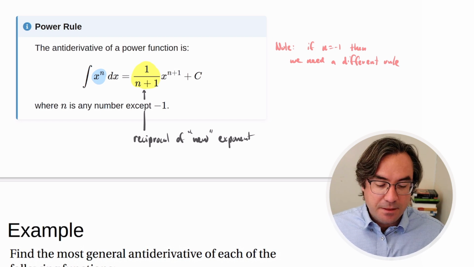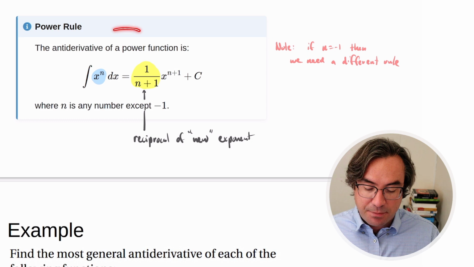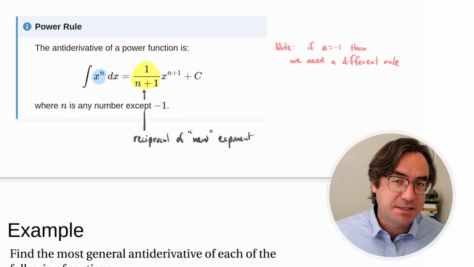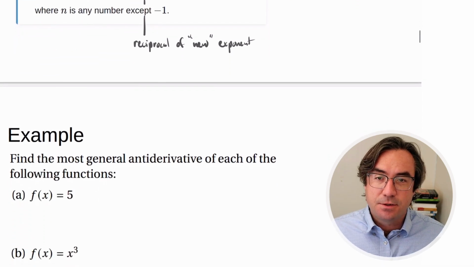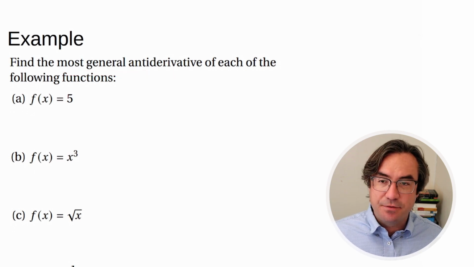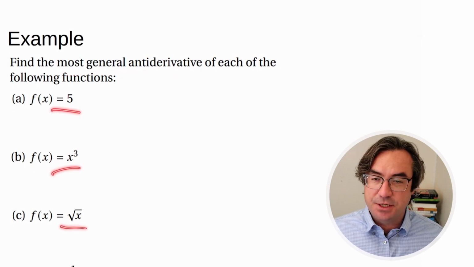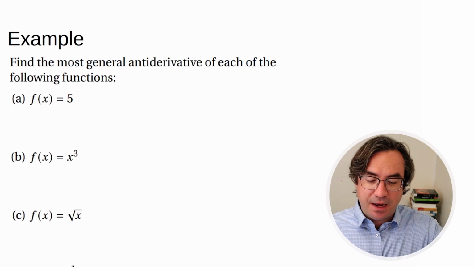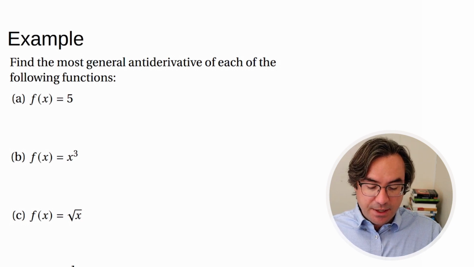All right, so let's try out a couple examples of some power rule and constant rule. So let's look at the first example here. We want to find the most general antiderivative for each of these functions. So let's start with the first one. This is just the constant function 5. So we want to find the general antiderivative.